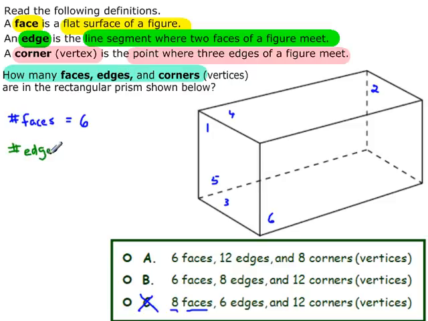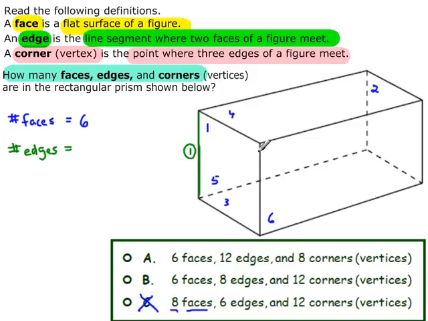Well, let's read the definition of an edge again. An edge is the line segment where two faces of a figure meet. Well, if we look at the front face and this left face, they meet at this edge here. So I'm going to go ahead and just put this one in green and put a number 1 there.